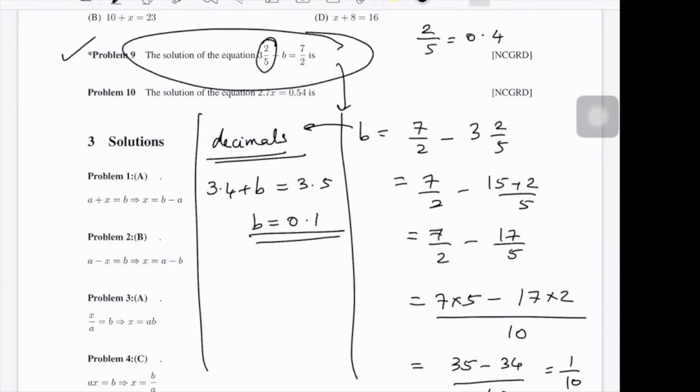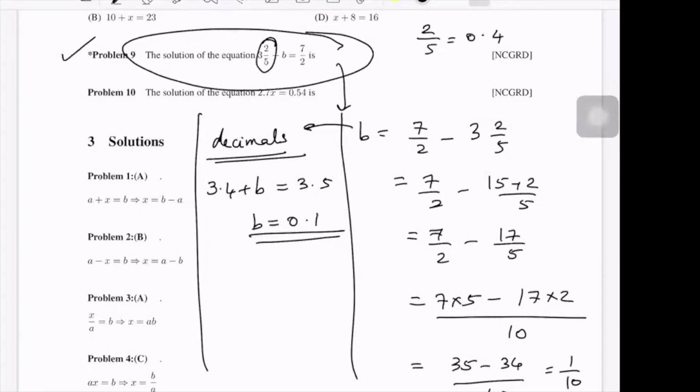Right? This is easier, right? Don't you think this is easier? Or is this difficult?